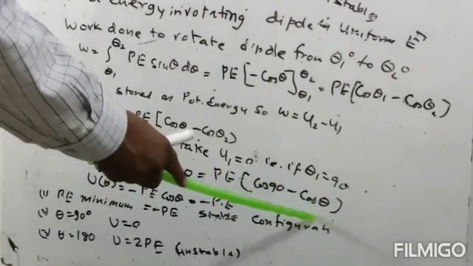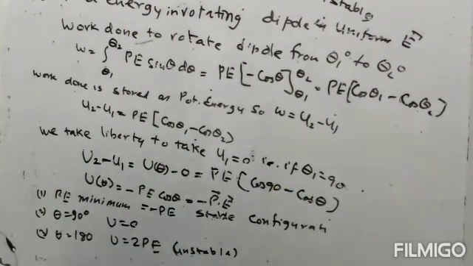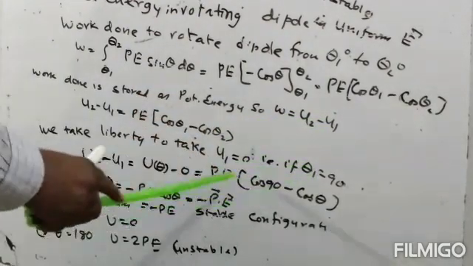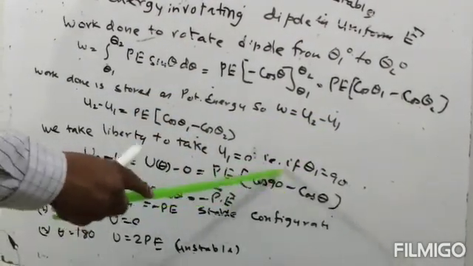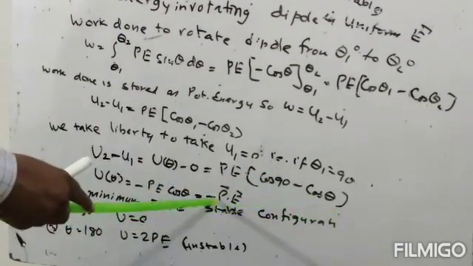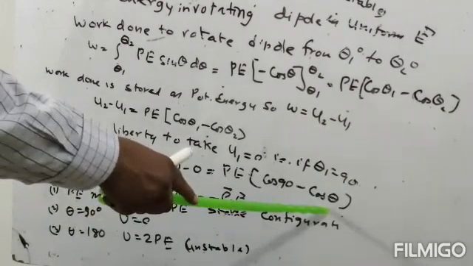When theta is equal to 0, it means the dipole is parallel to the direction of the electric field. In that case, this will be equal to minus P into E cos 0, and cos 0 will be equal to 1.